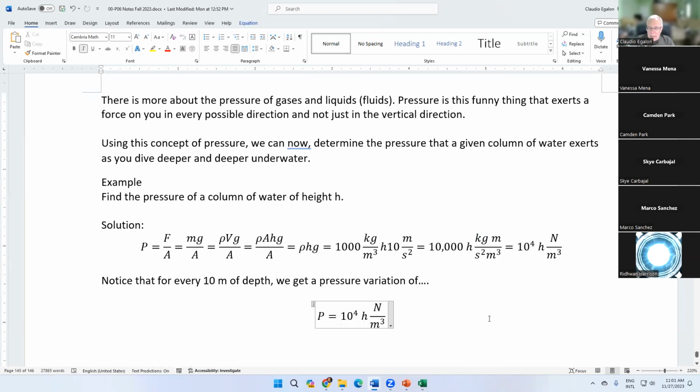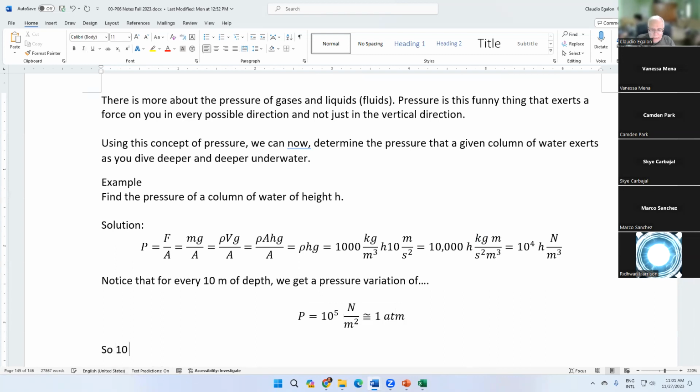If you dive 10 meters deep, what are you going to get? You're going to get an added pressure of 100,000 pascals. See that? Which is, by the way, approximately 1 atmosphere. So for every 10 meters that you dive underwater, the pressure increases by 1 atmosphere.